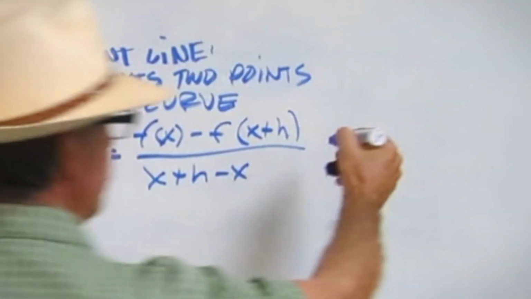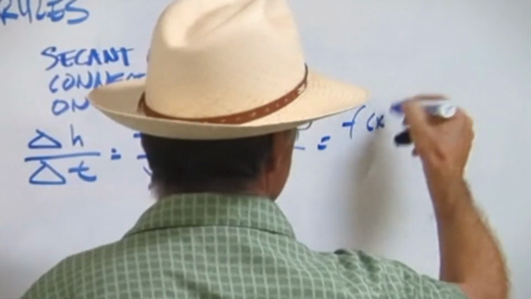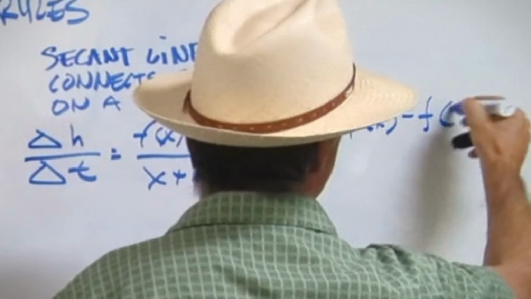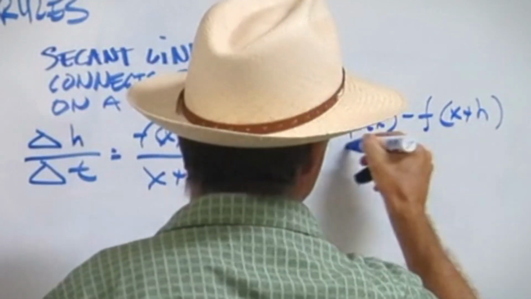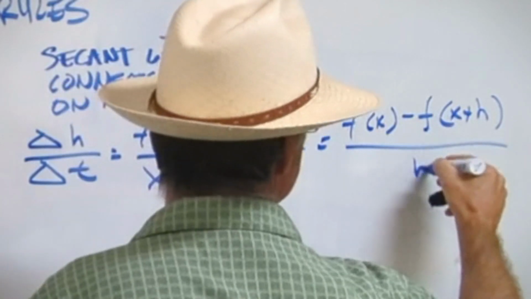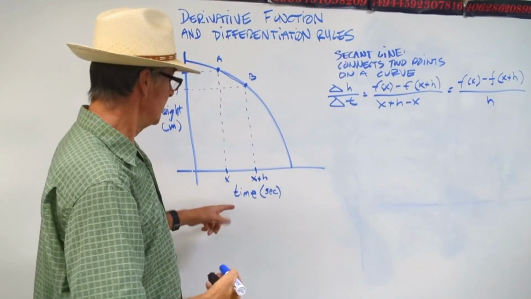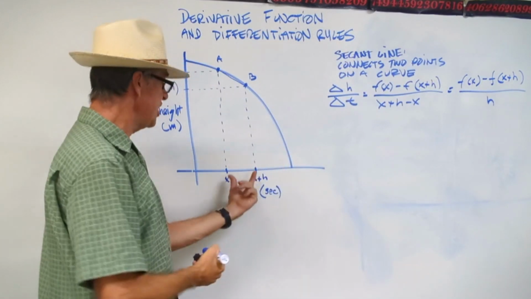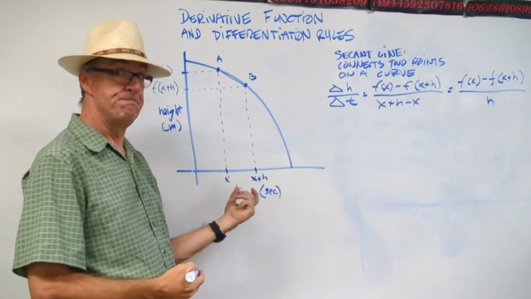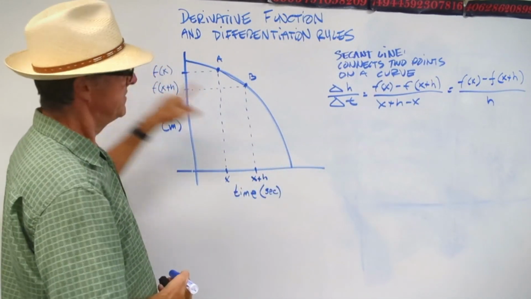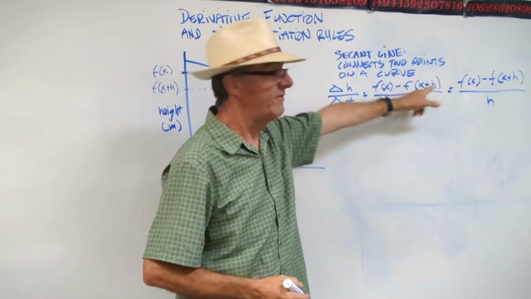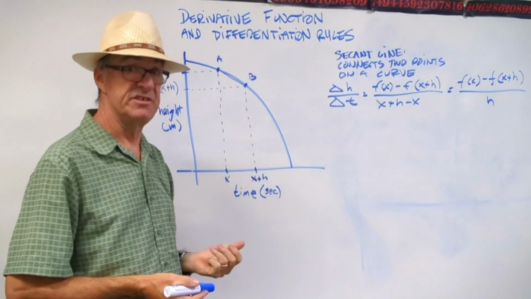And then this ends up being f of x minus f of x plus h over h. Okay? So what we have here, h is our change in time, and this top bit, f of x minus f of x plus h, is our change in distance.